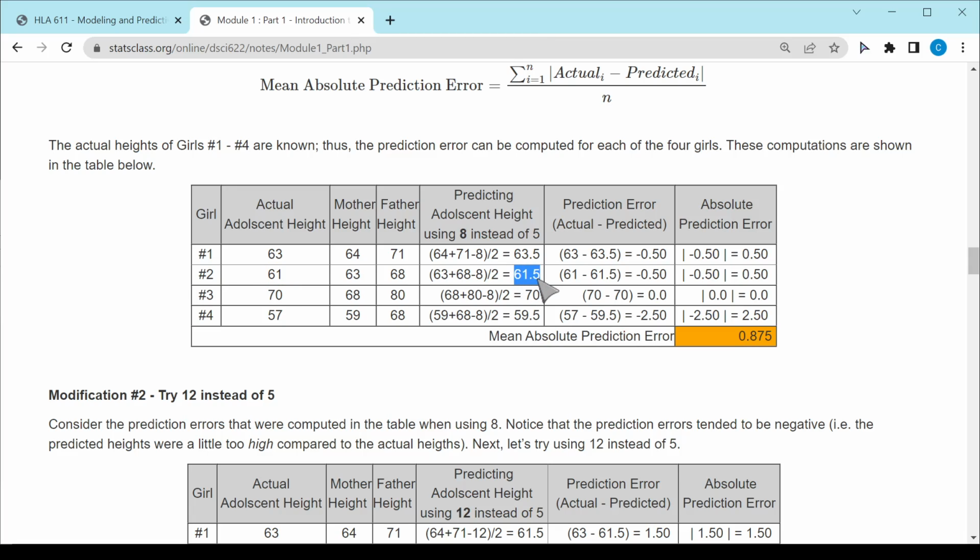I would predict her adolescent height to be 61.5. Again, just a little bit too high. For the third girl, the actual value was 70. My prediction was 70, so I'm right on the mark for that girl. And then for the shortest girl in our set, she was at 57. Predicted height was 59.5. So her prediction error is going to be negative 2.5.